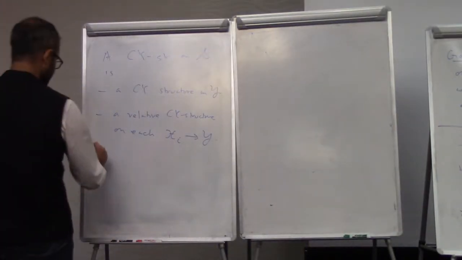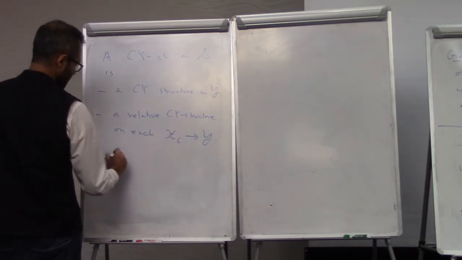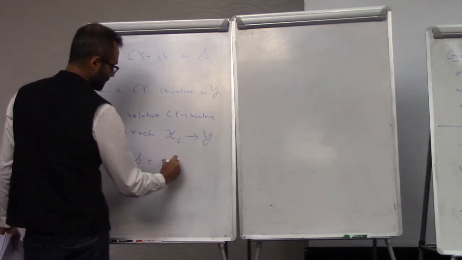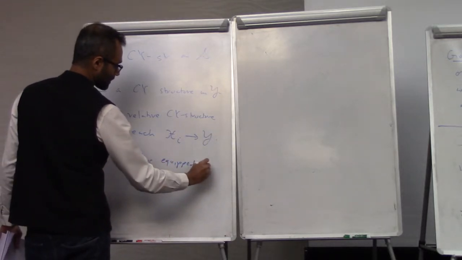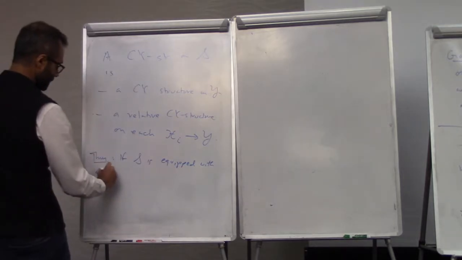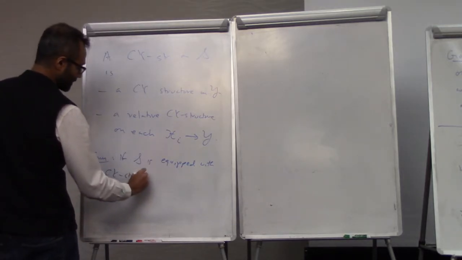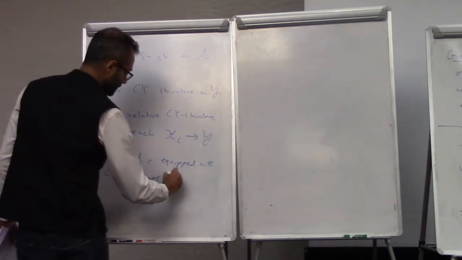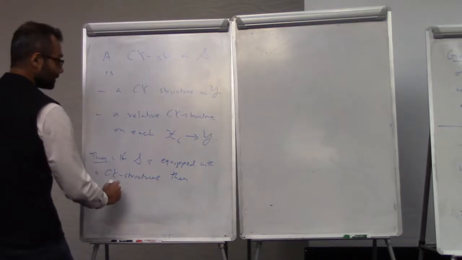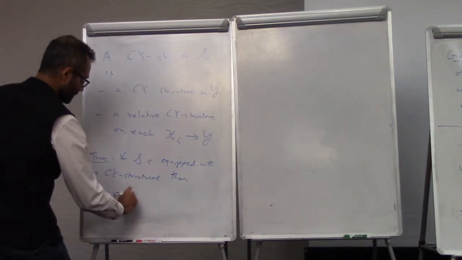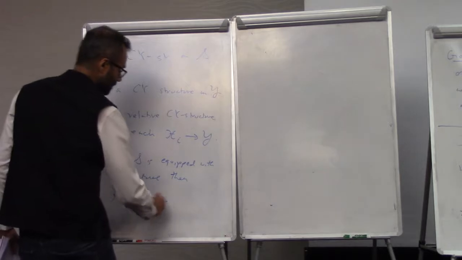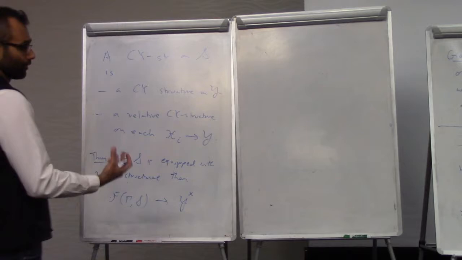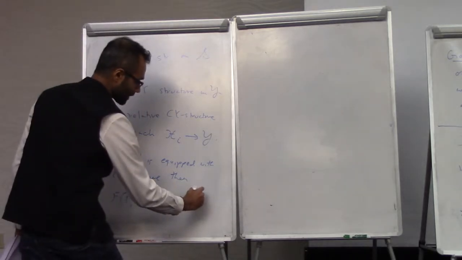So the theorem will be that if S is equipped with a CY structure, and I'm being a little vague here, so I'll be more precise soon, then the natural map from F of gamma S into the product of Y, one copy of Y for each outgoing vertex of the graph.